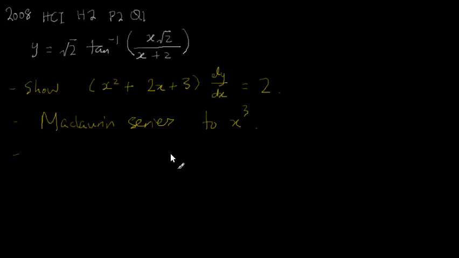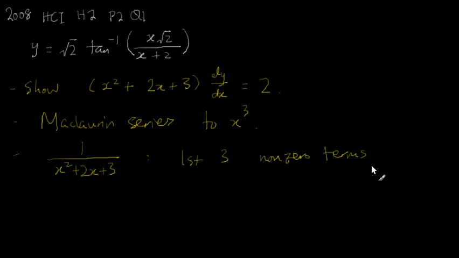And then for this expression, 1 over x squared plus 2x plus 3, we have to find the first 3 non-zero terms. So these are the 3 things that we have to do.